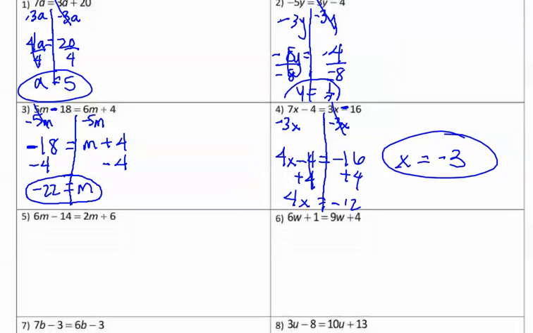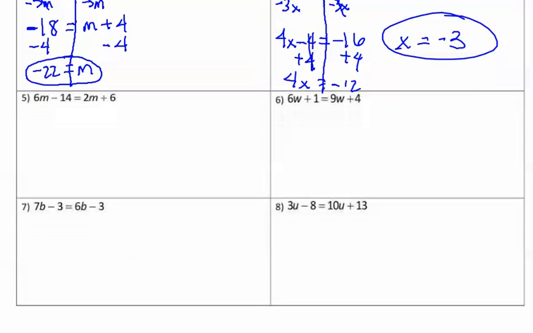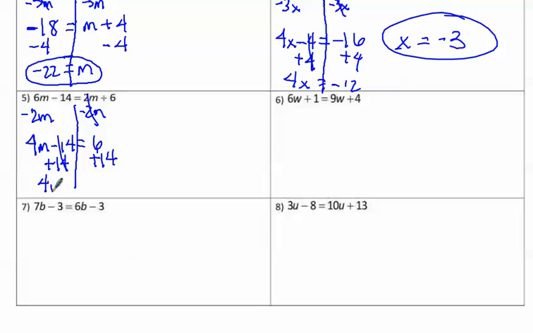On number 5, I'm going to subtract 2m to the left side to get 4m minus 14 equals 6. Add 14, add 14, 4m equals 20. Now m equals 5.